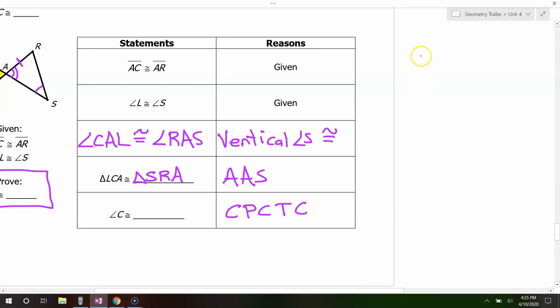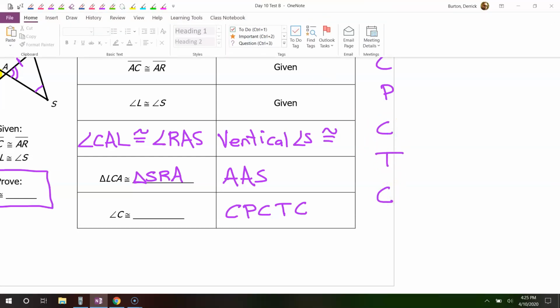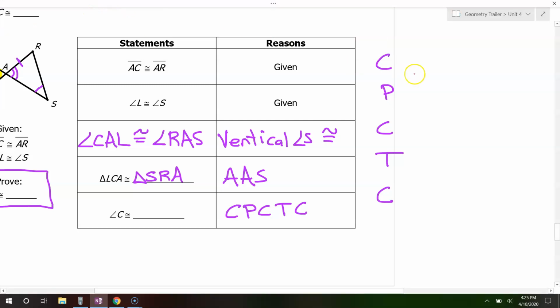Now that stands for, let me just write this down, CPCTC. You have to know what these letters stand for if you're going to use them.